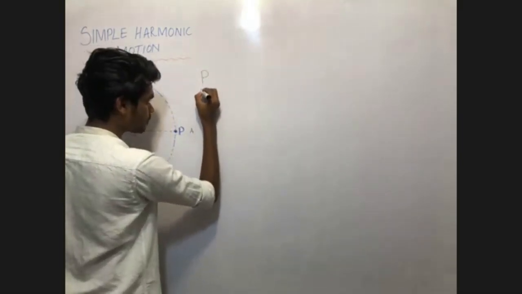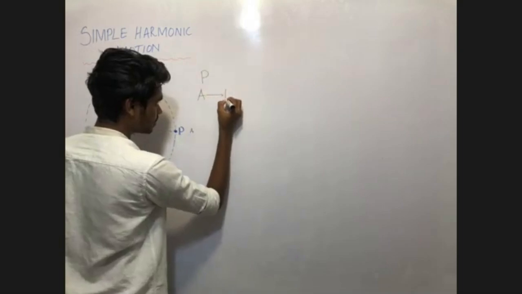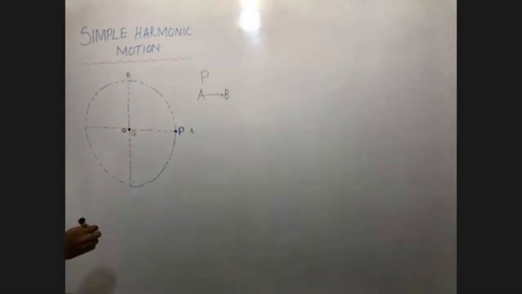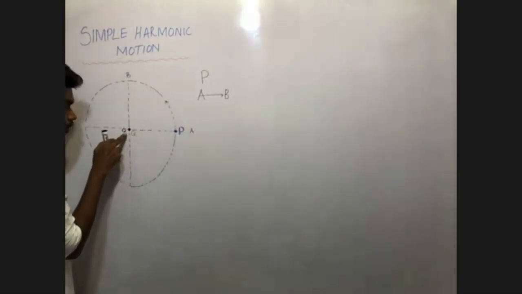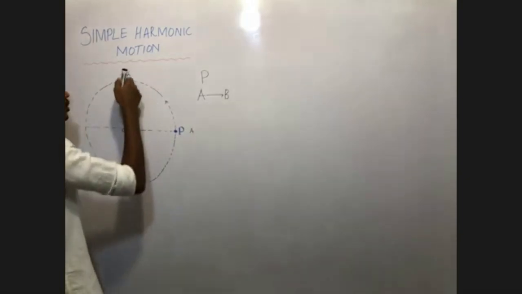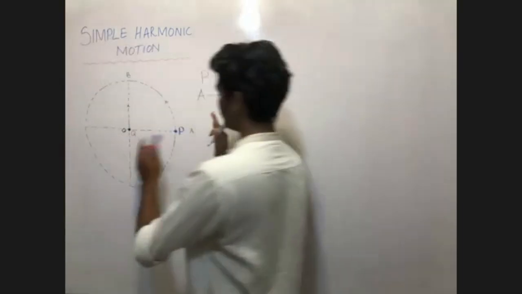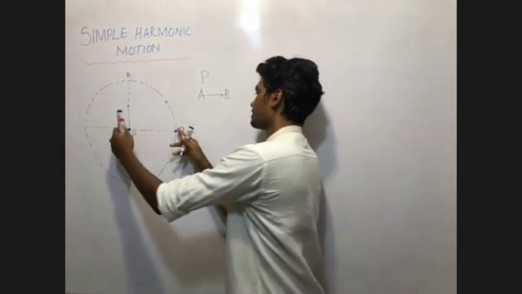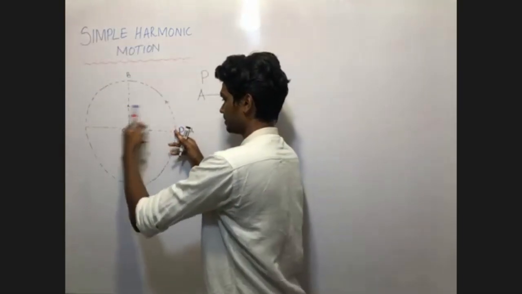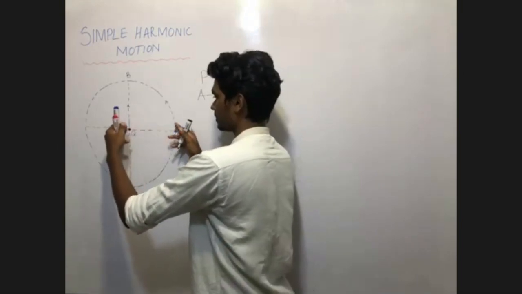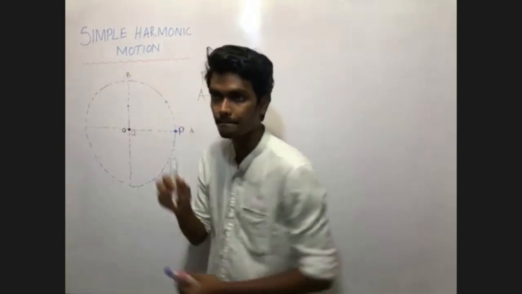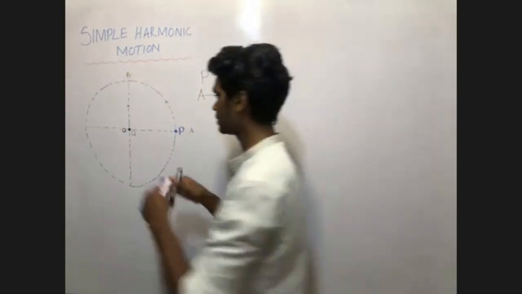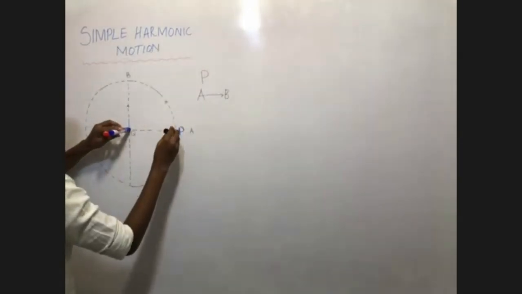When P moves from A to B, Q moves from O to B. The projection: if you see from this side, the projection means when this is projected to Y. It's like here.